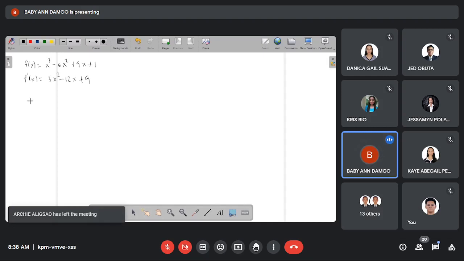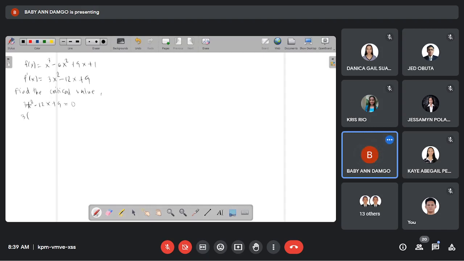Next we need to find the critical values. So we have 3x squared minus 12x plus 9 is equal to 0. Factoring out 3, we have x squared minus 4x plus 3 equals 0. Then we factor it: x minus 3 times x minus 1 equals 0.